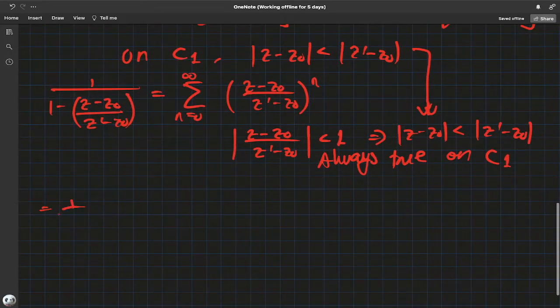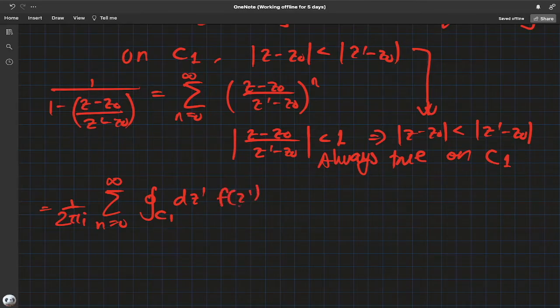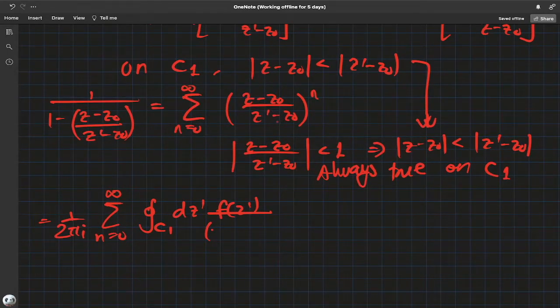The first term is 1 over 2 pi i, sum from n equals 0 to infinity. I believe we have the contour integral over C1 dz prime f of z prime, and then this guy over here.